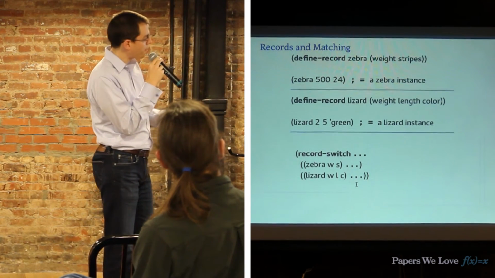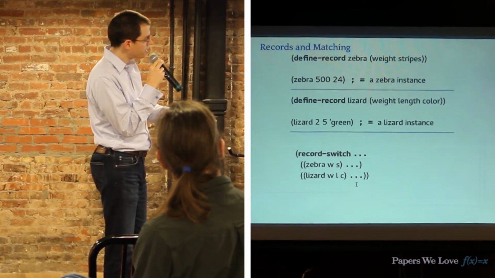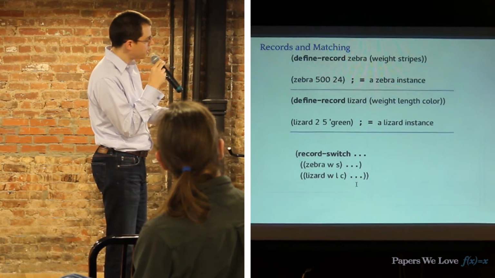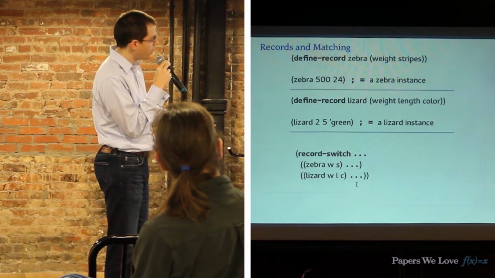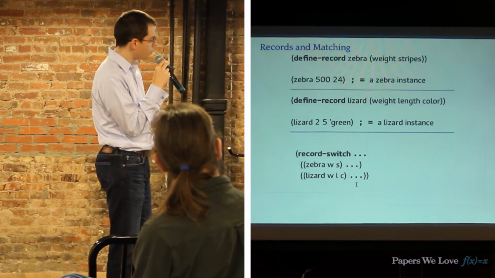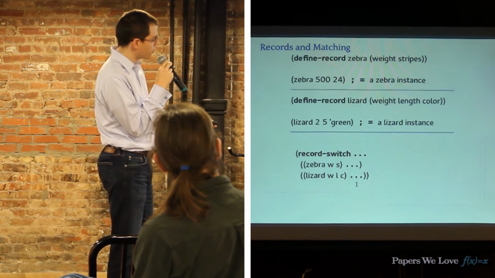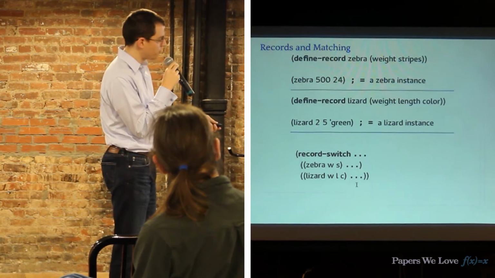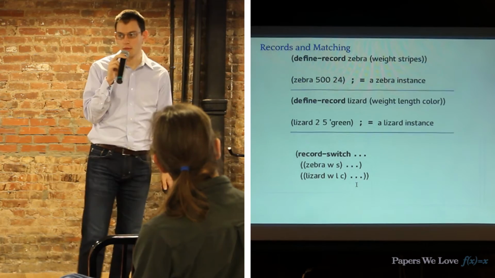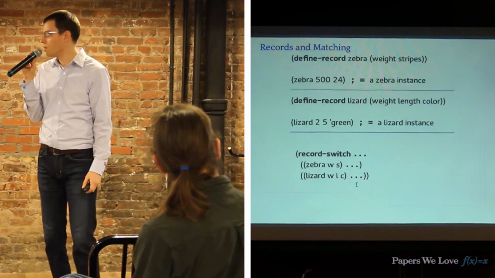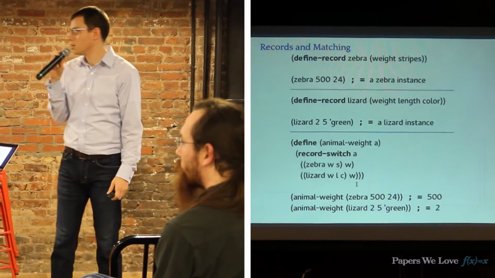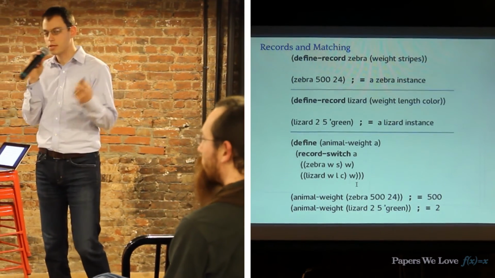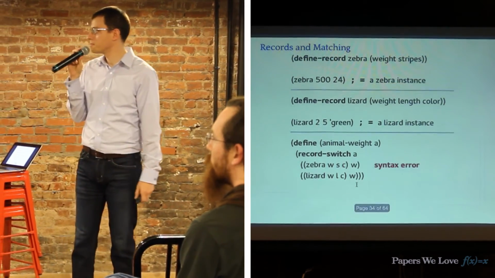There are going to be 2 different cases: in this case we're going to bind W and S to the weight and the stripes of the zebra, and here we're going to bind W, L, and C to the weight, length, and color of the lizard, and we're going to do the respective right-hand side. So this is a pretty simple language extension. So this is the result you get.